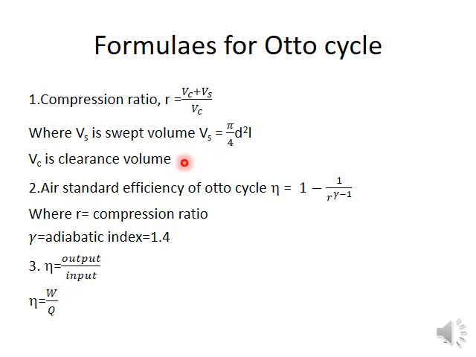These three formulas we can use for solving the problems of an Otto cycle. First one is r equal to (Vc plus Vs) by Vc.